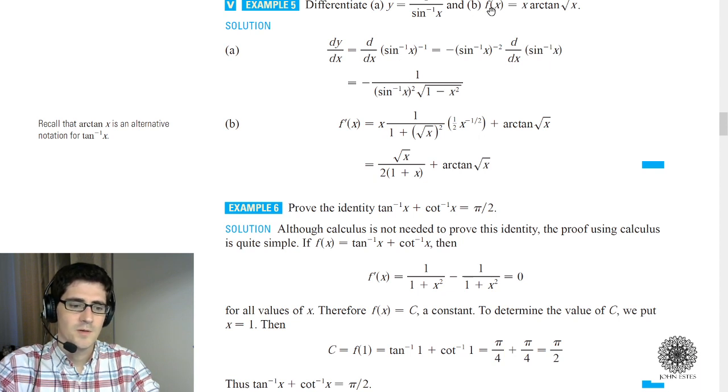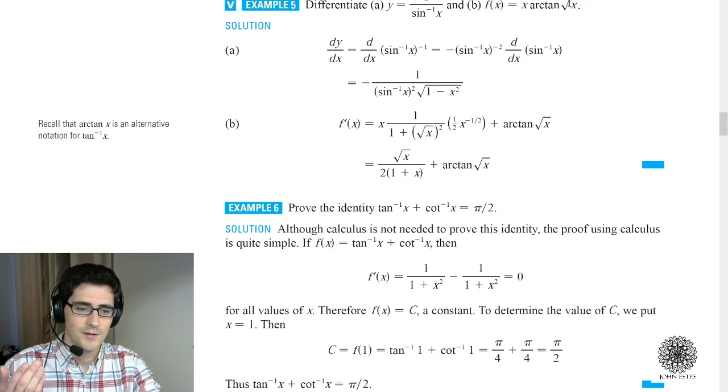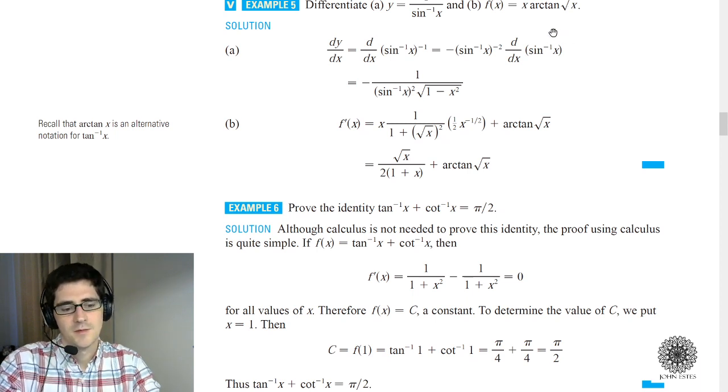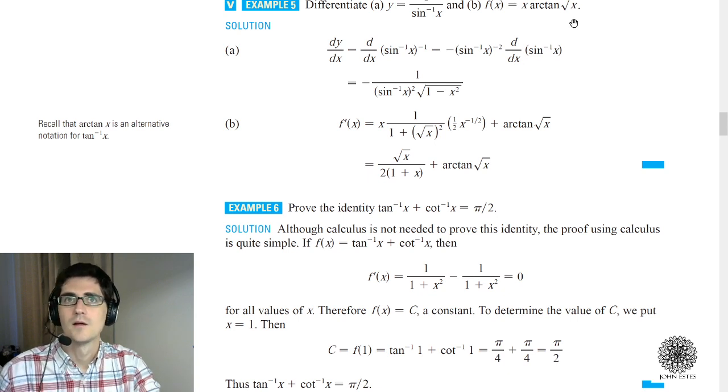All right, so for part b, if I have x arctan square root of x, when I take its derivative, I'm going to have to use what? Product rule, because I have two functions multiplied together. So I get first, which is x, times the derivative of the second, for which I'll have to use chain rule. What's the derivative of arctan u? 1 over 1 plus u squared.